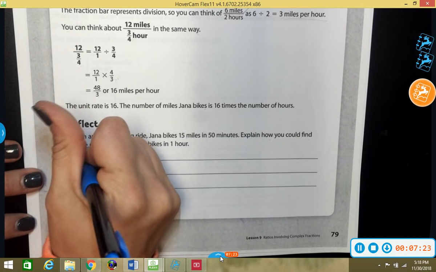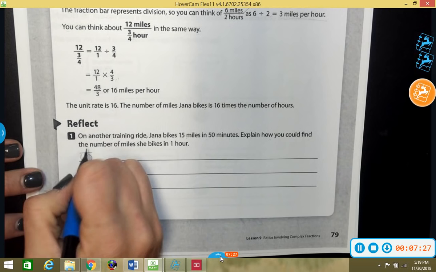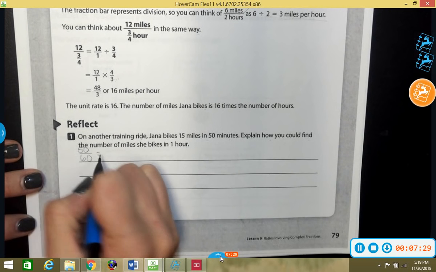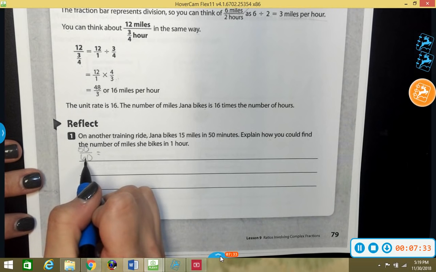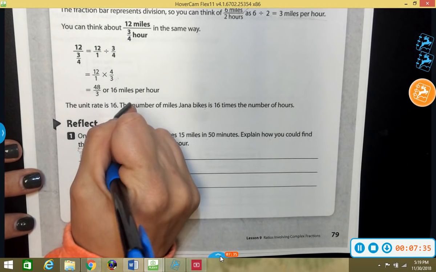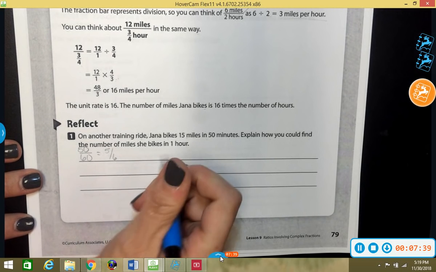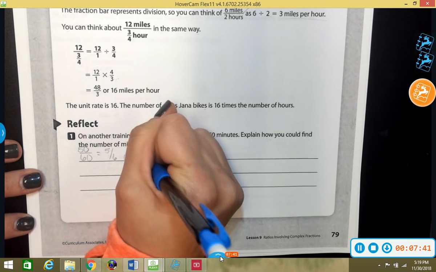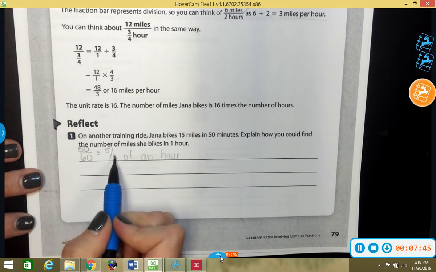So we know that there are 60 minutes in an hour, and that she is biking 50 of them. So we can take that and simplify it. So 50 over 60 would simplify to 5 over 6. So she is biking for 5/6 of an hour. That's how much 50 minutes is. It's 5/6 of an hour.